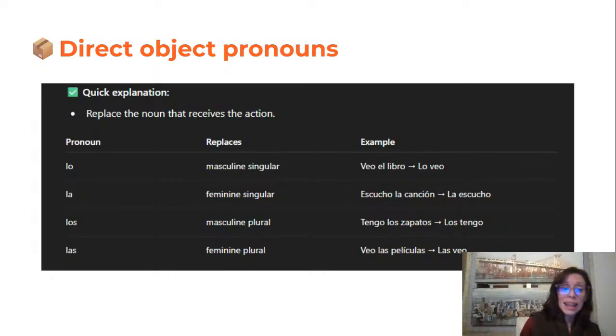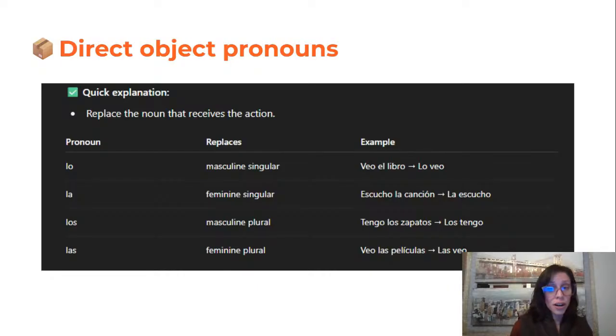"La" as well. "La" can be replacing "it," translated as "it," but also as "her." Because in this case I'm talking about the song, "la canción," but I can perfectly say, I see my sister. "Yo veo a mi hermana."